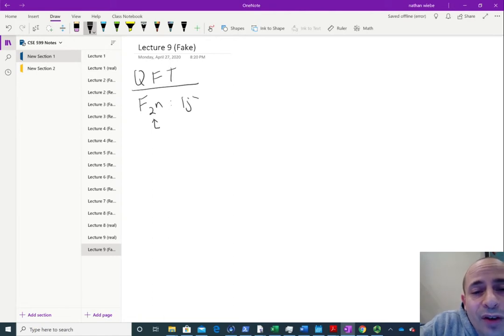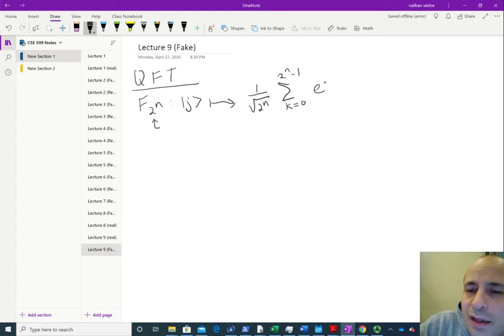It takes a computational basis state labeled j and maps this to 1 over square root of 2^n, the sum over k equals 0 to 2^n minus 1, of e^(2 pi i jk / 2^n), acting on k.